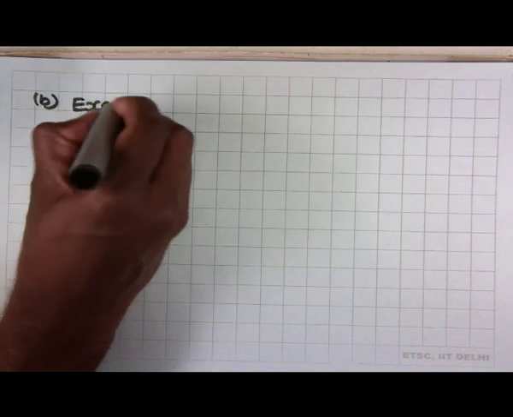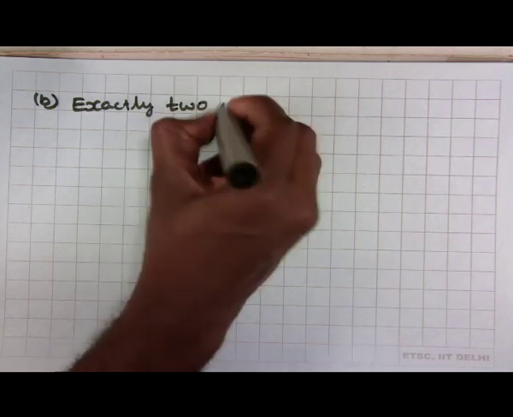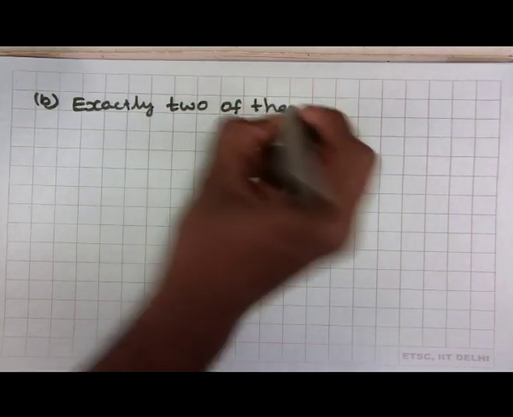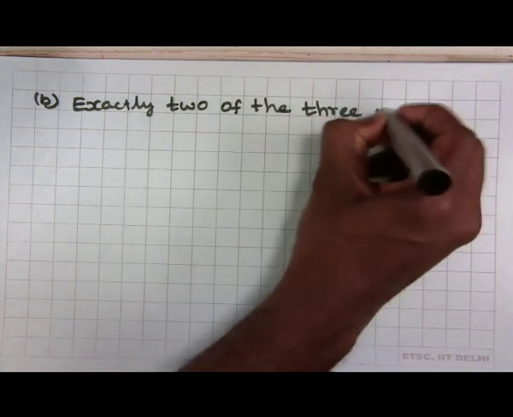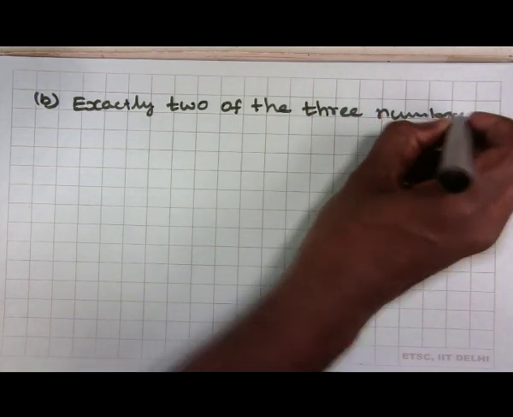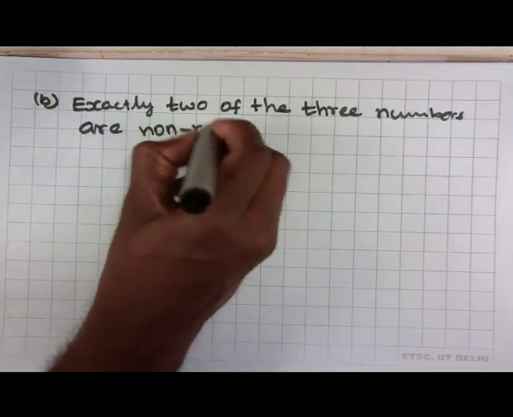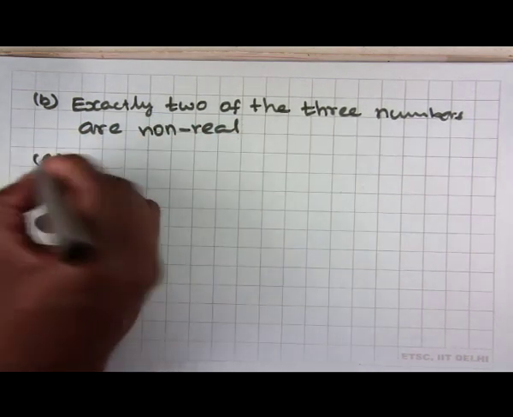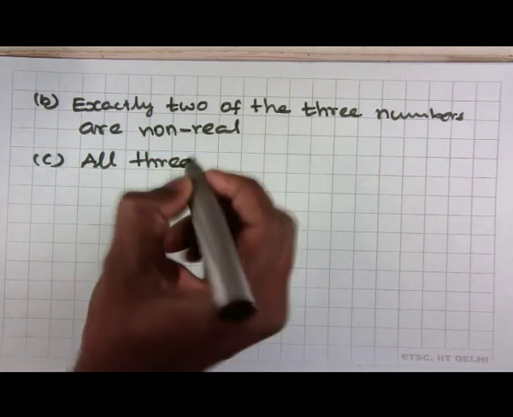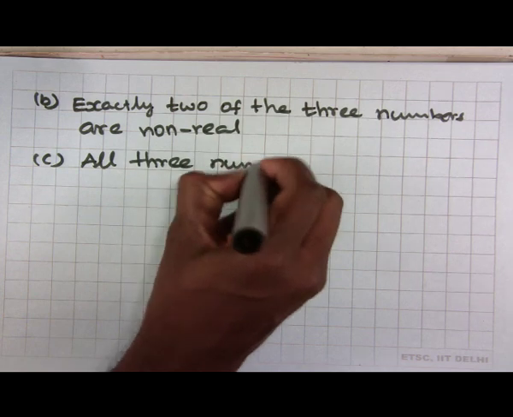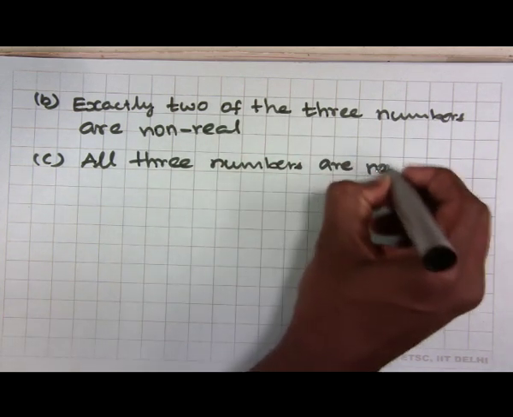Second choice: exactly two of the 3 numbers are non-real. Third choice: all 3 numbers are non-real.